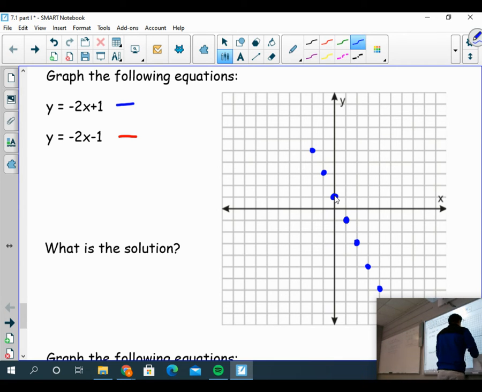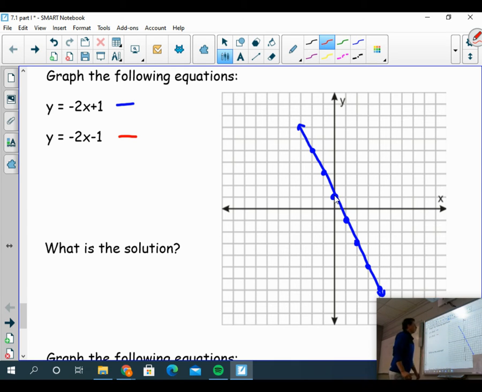I can go ahead and draw my line for my first one. Then I plot my y-intercept for my second linear equation, and I can again go down 2 over 1.